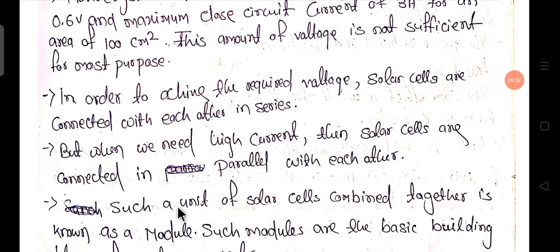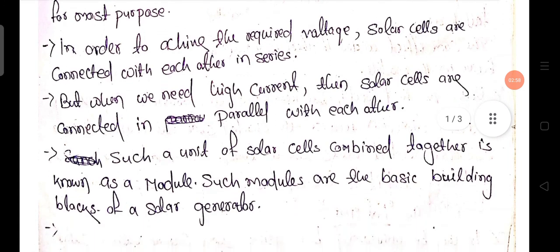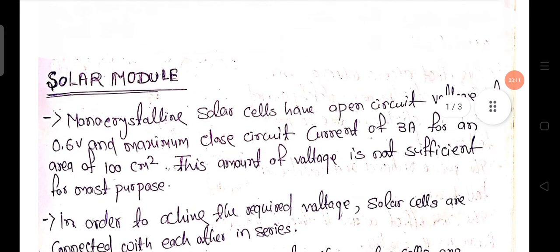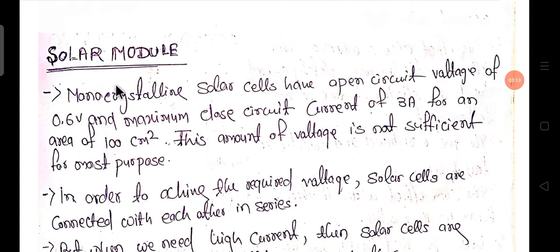Remember this. Such a unit of solar cells combined together is known as a module. Such modules are the basic building block of a solar generator. What do you mean by solar module?